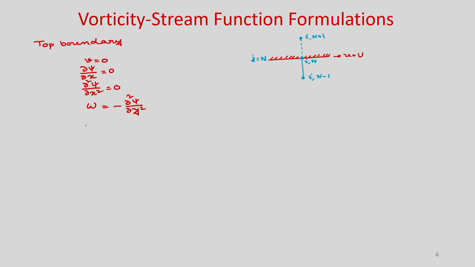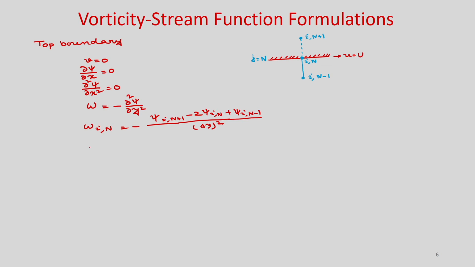If you use central difference method, then omega I n is equal to minus psi I n plus 1 minus twice psi I n plus psi I n minus 1 divided by delta y square. Now we have to find the value of psi I n plus 1, which is the value of psi at the fictitious point.